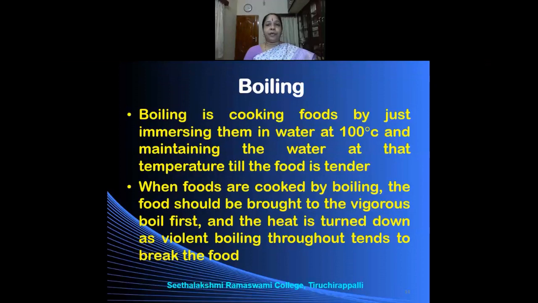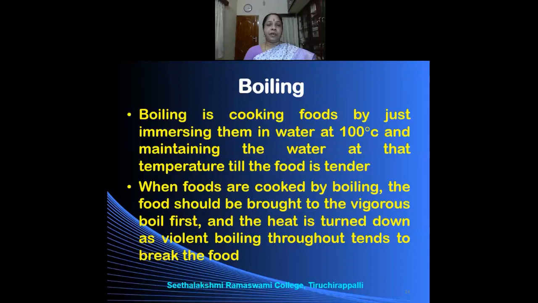While we cook food by the boiling method, say for example we are cooking rice, the first thing we would do is take water in a utensil or vessel and bring the water to boiling temperature. And what is boiling?